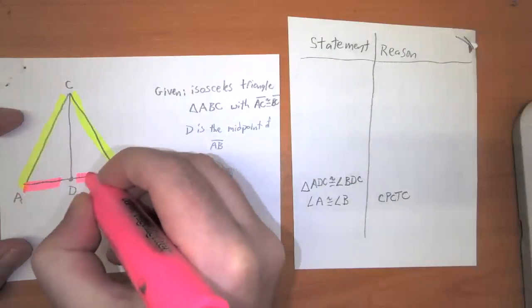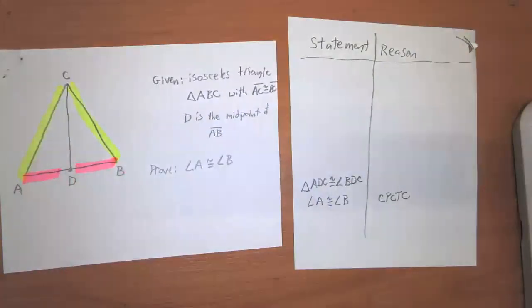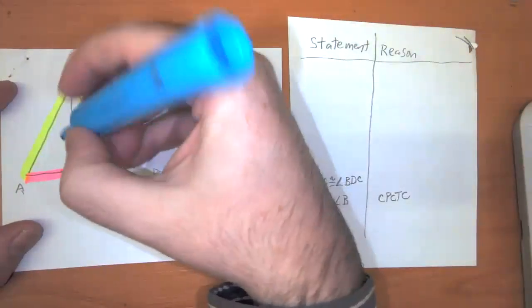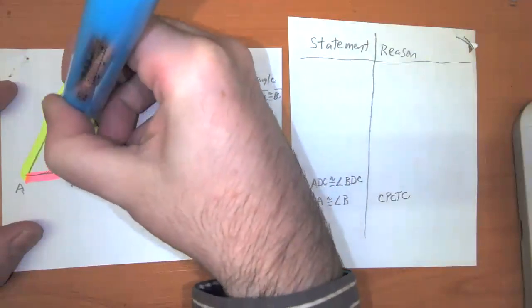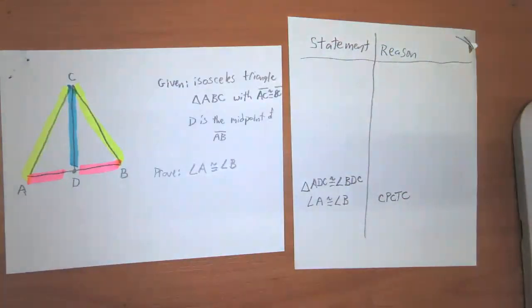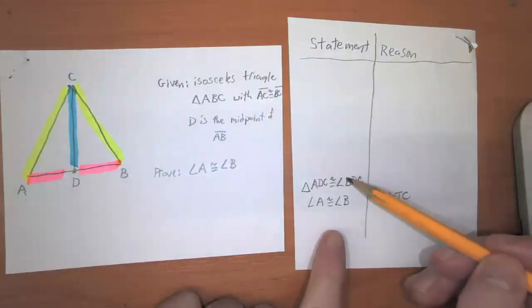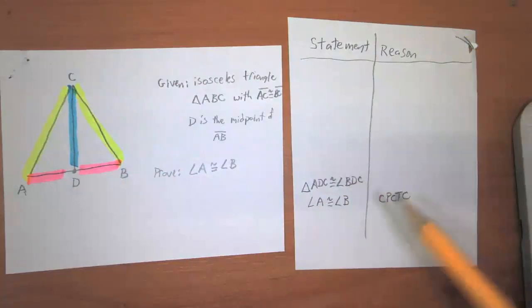This pink side would correspond to that pink side there. And then the third side of both of them are blue. So if I could prove that those two triangles are congruent to each other, if I can find enough information to do that by one of my triangle congruence theorems, then I would have a complete proof.